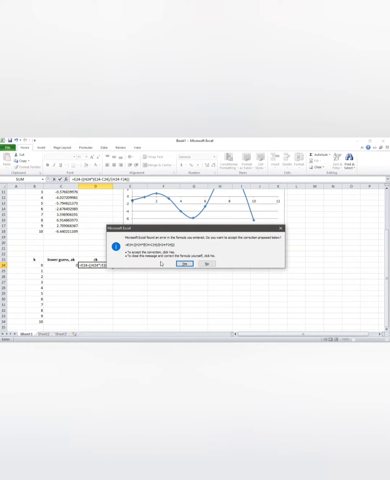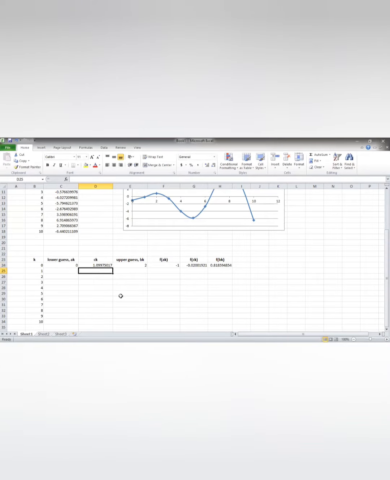So there is an error, so I have to accept. So be careful in your formula for each cell. So I guess this is correct. Okay, so that is 1.0997501. Okay, so we have to check.